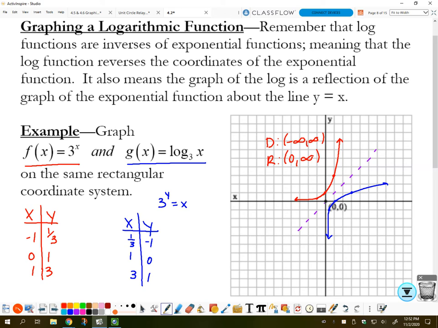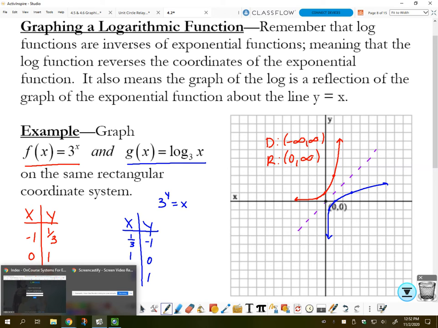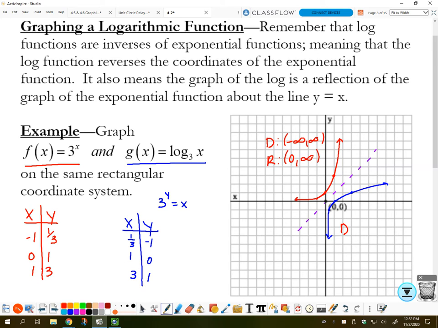Well, since we switched x and y, domain and range switch. So our domain is now going to be from your asymptote, which is the y-axis, to infinity. And your range will be all real numbers. We go forever up and down. We have to start here and go that way for the domain.